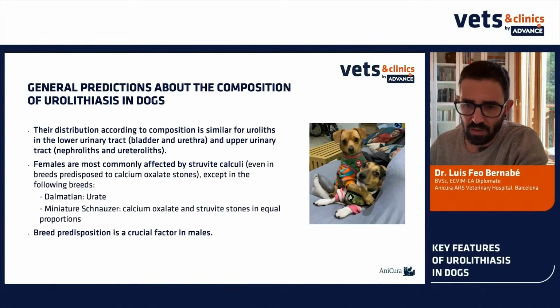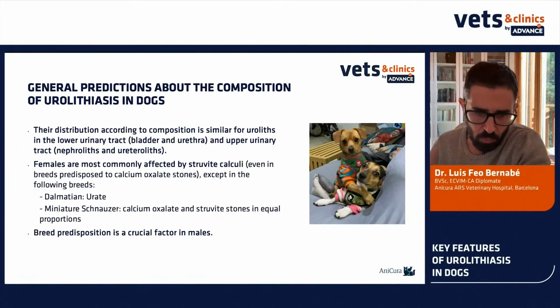So I think it's very difficult to predict. Probably it's 50-50 compared to lower to upper. But what we know is that for females, the most commonly affected calculi are struvite, even in breeds predisposed to calcium oxalate, with the exception of two breeds: the Dalmatian, where we commonly see urate, and the miniature schnauzer, where calcium oxalate and struvite are in equal proportions.